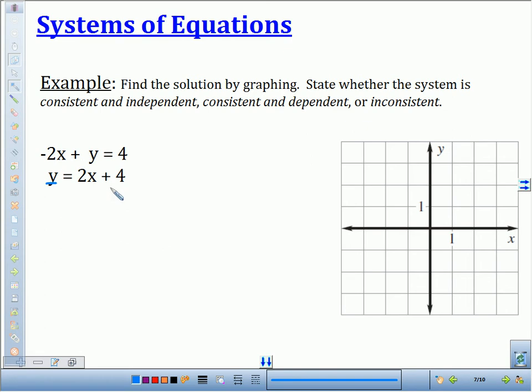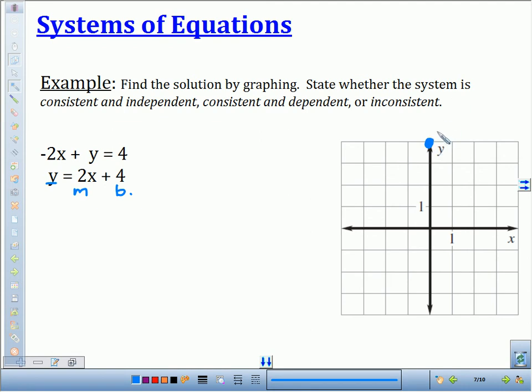What I'm going to do instead is just go ahead and plot my point and draw my line. It's the easier one. I always want to do the easiest ones first. So b is 4, so I'm going to go up to 4, 1, 2, 3, 4, and pop a point down. My slope is 2 over 1. That means I need to rise 2 and run 1.